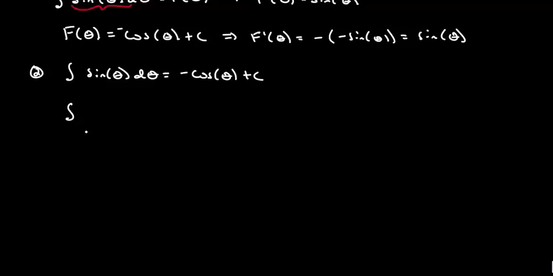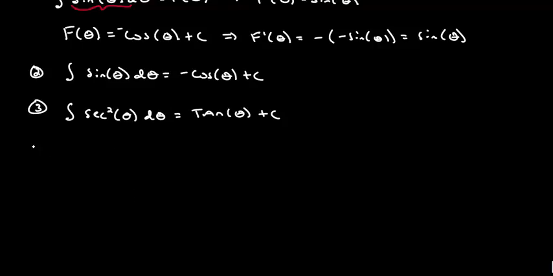We know that one of the trig functions has a derivative of secant squared, and that comes from tangent. If we take the derivative of tangent, we get secant squared. So the antiderivative of secant squared, working in reverse, takes us back to tangent. Okay, so there's rule number 3.